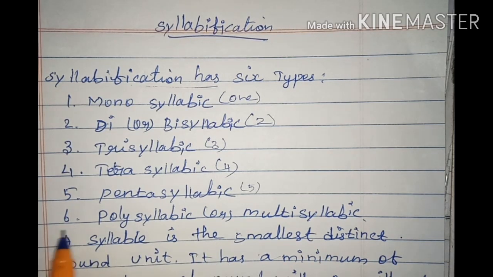Why am I telling you these types? Because sometimes they ask you to choose the trisyllabic word from the given options. In the 10th standard they simply give the word and we want to split it, but here it is different.